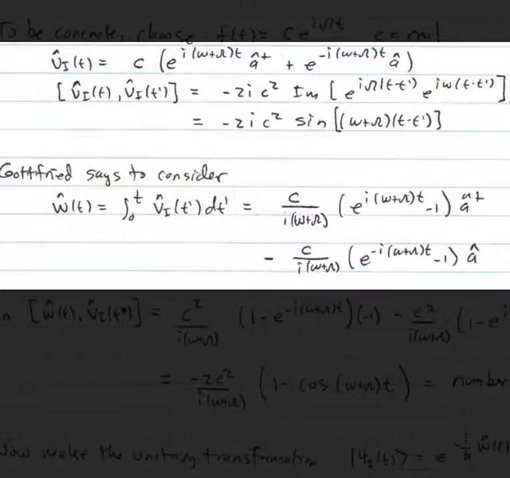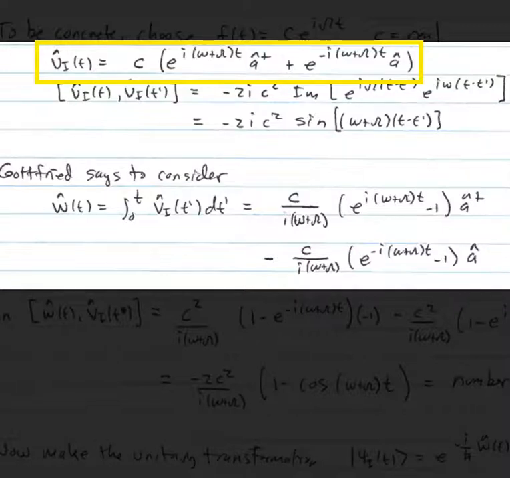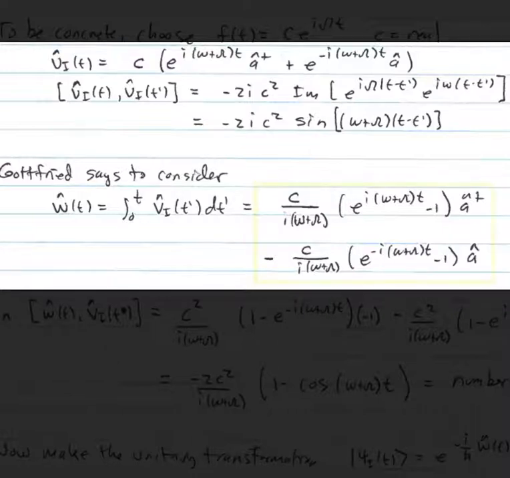Now, because we have an explicit form for V_I(t), we can just go ahead and evaluate this integral because the functional dependence in V_I(t) is just exponentials. When I take an integral of an exponential from 0 to t, I get 1 over the coefficient in the exponent multiplied by e to the i, whatever the coefficient is, times t, minus 1, because the exponential of anything times 0 is just equal to 1.